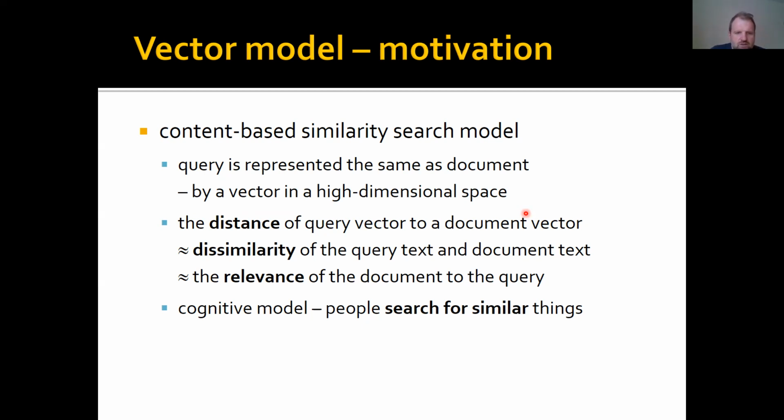It also follows the cognitive model, because the similarity search is a way how people recognize things. People compare things based on their similarity and then classify the things. And the vector model uses distance, and distance is the inverse concept of similarity. So it follows the cognition of a human.